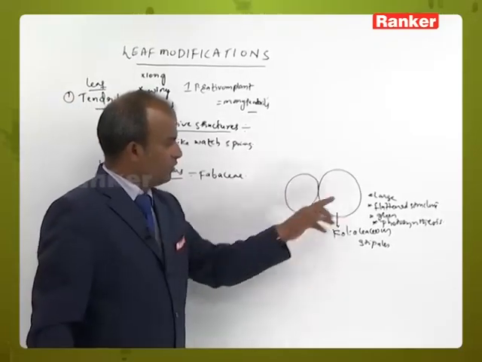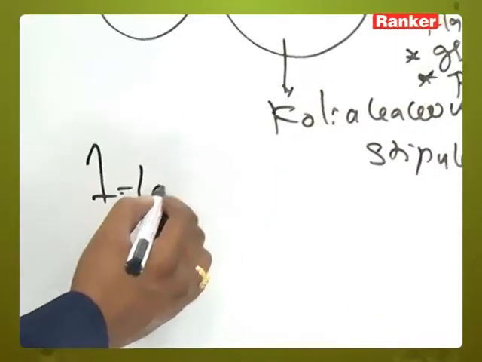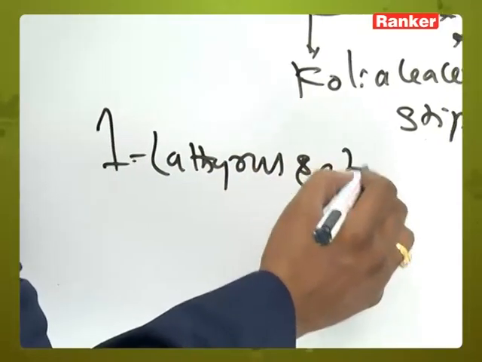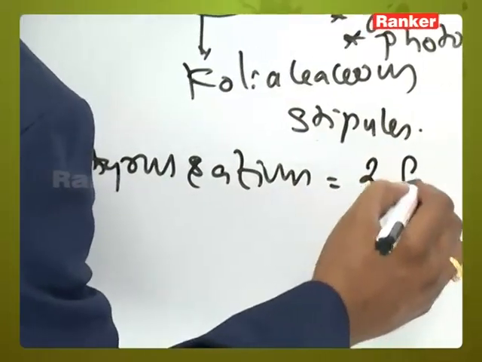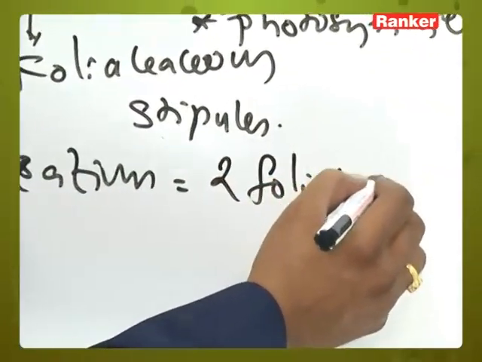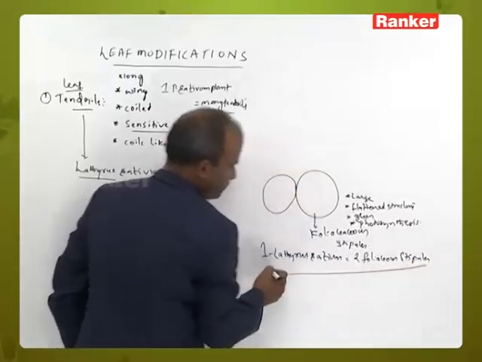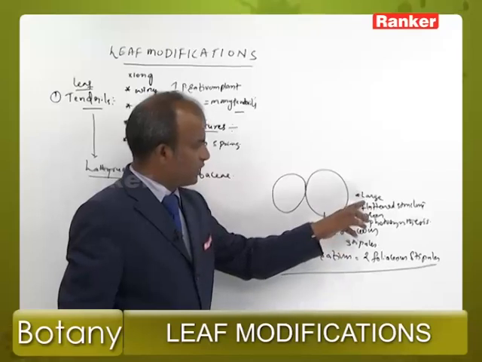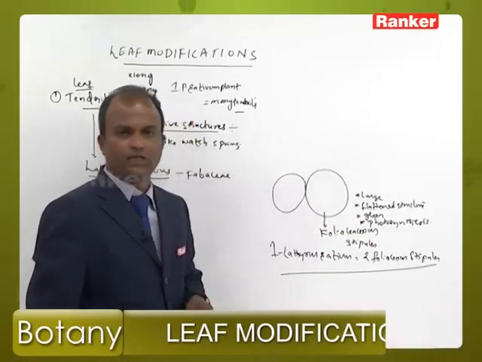In this, one Lathyrus sativus plant is equal to 2 foliaceous stipules. And here these foliaceous stipules are larger, flattened, green, and photosynthetic in function.